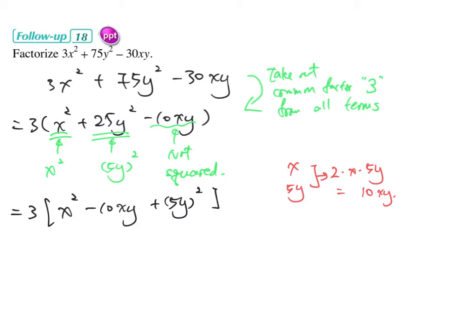But surely it is not a positive, it is a minus, negative 10xy. So by using the identity, we can directly move the whole yellow part into its factorized form, x minus 5y squared.